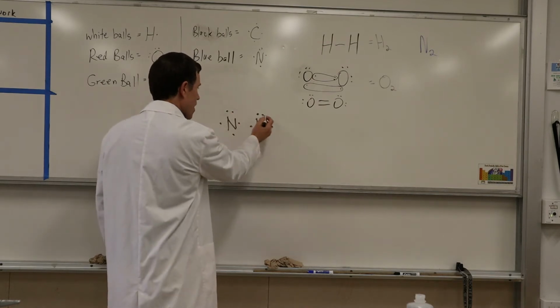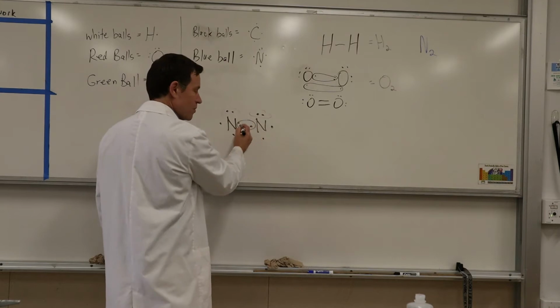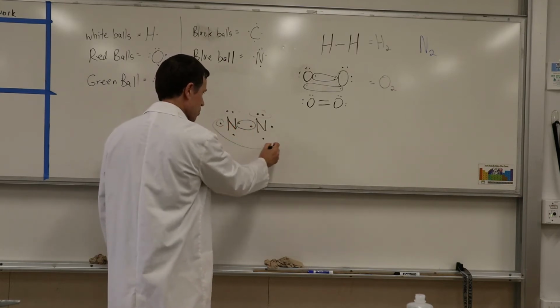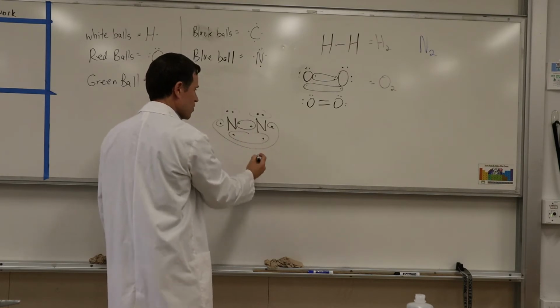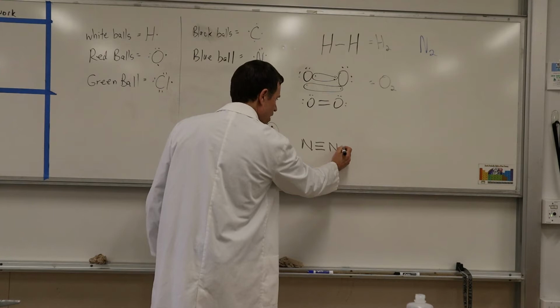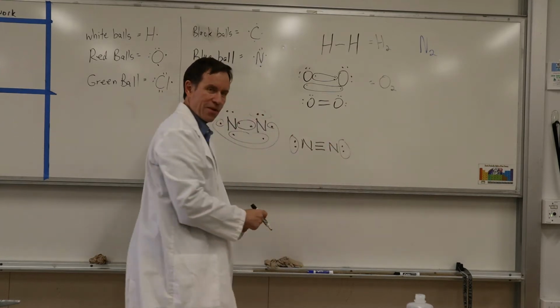Up here, you have a pair. So you can share these 2, and you can share those 2. What you would have is nitrogen with a triple bond, and you have lone pairs on the sides.